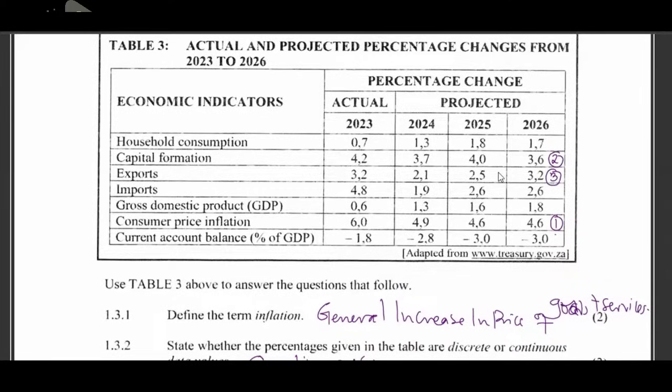Sorry, this is a negative, it can't be. So we are followed by 2.6, 1.8, and finally 1.7. And the final answer becomes negative 3.0.